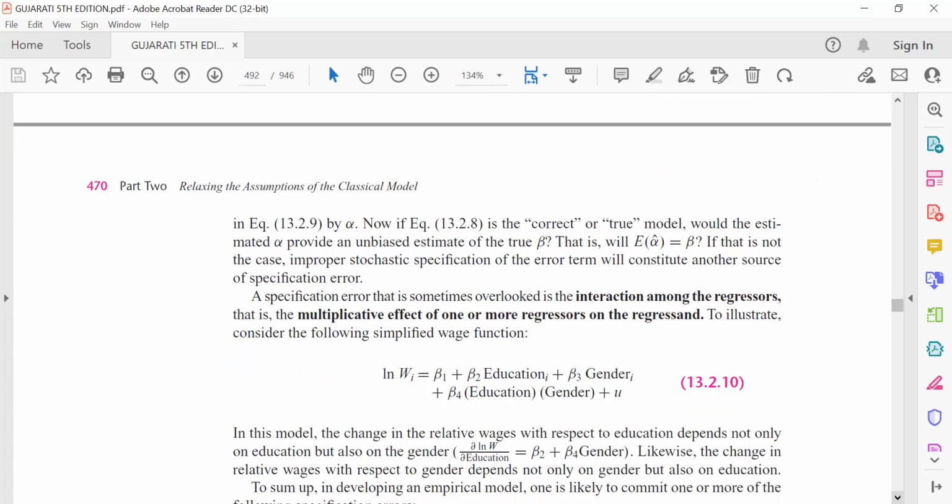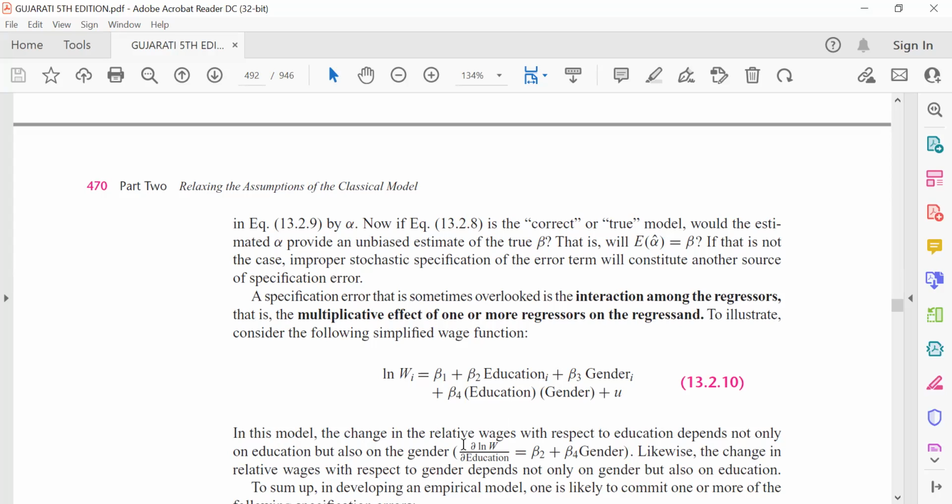A specification error sometimes overlooked is the interaction among the regressors. Here we have a multiplicative term, the effect of one variable depending on another. Here wage rate, education, and gender. Now we have an interactive variable, meaning education multiplied by gender.